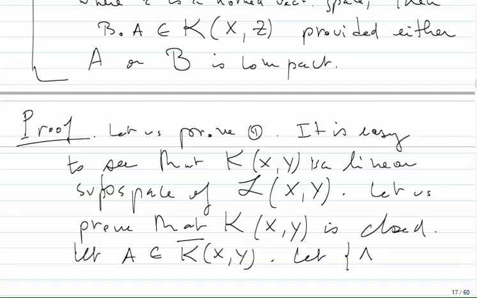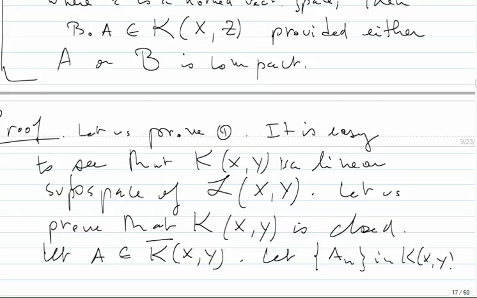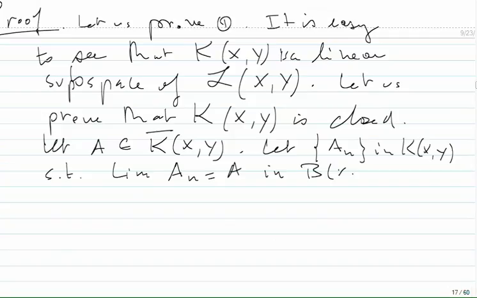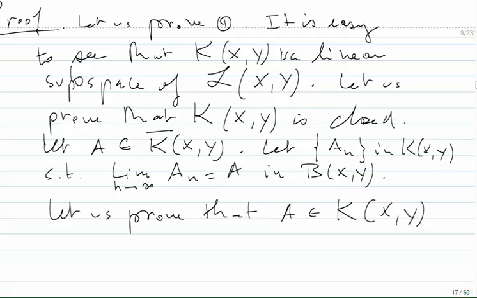Let An in K of XY be such that the limit of An is equal to A in B of XY. So we're talking about the norm used in B of XY. So the An's are all compact operators. And now we want to prove that A is compact.